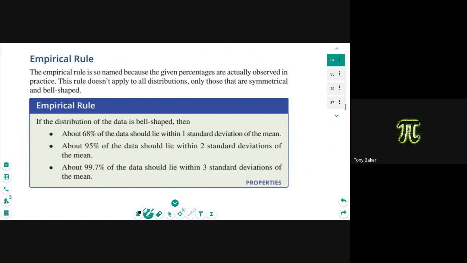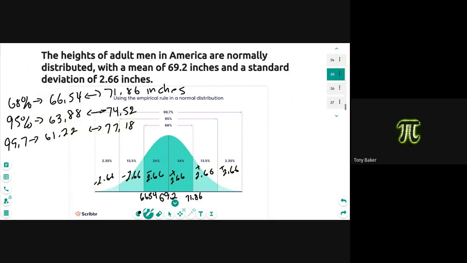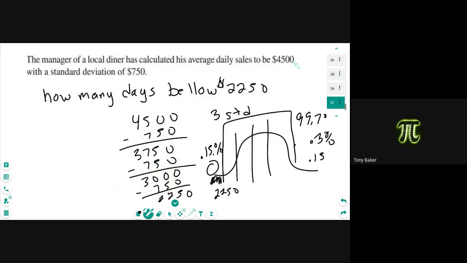But the actual numbers, like in this case, 4,500 was the middle, and we were subtracting 750. Those numbers change. The percentages never change.